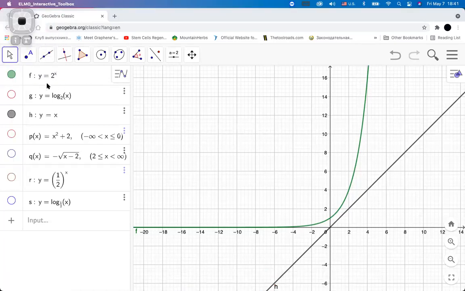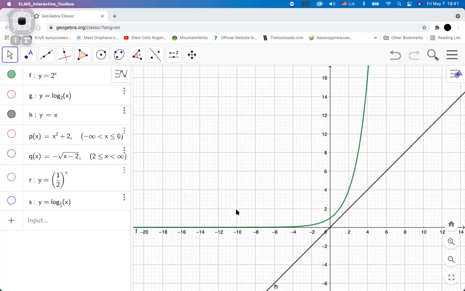So here's the graph of the function y equals 2 to the power of x. See that green line? This is y equals x, the bisector of the third and the first quadrants.